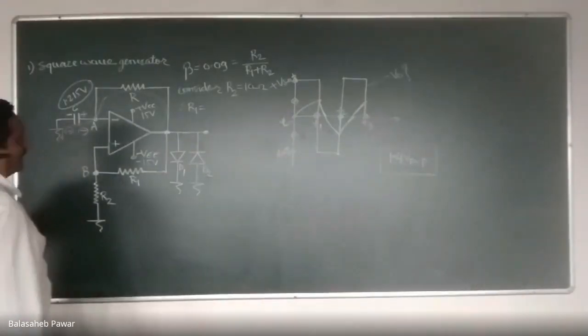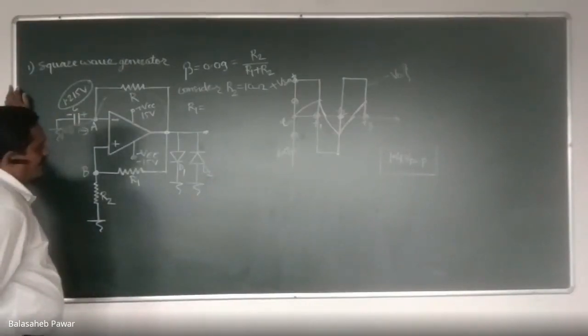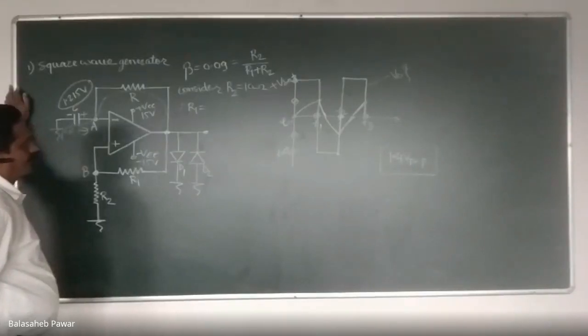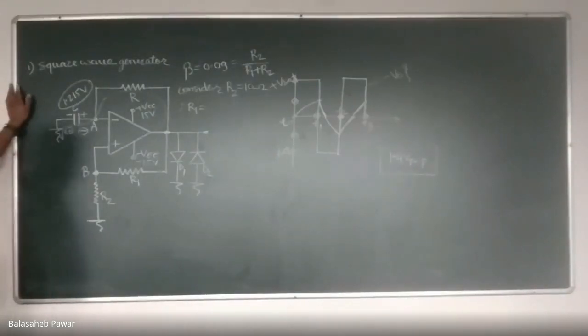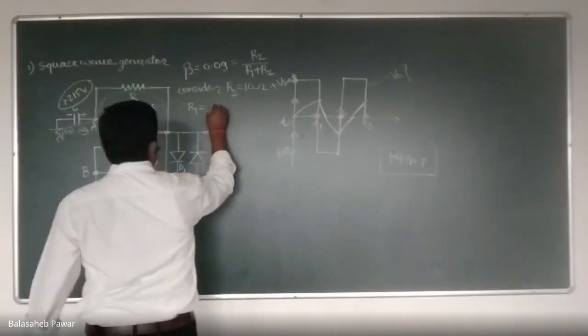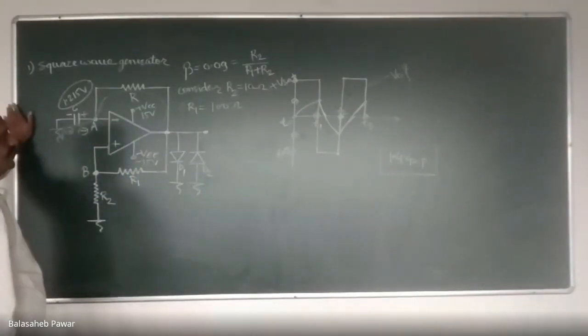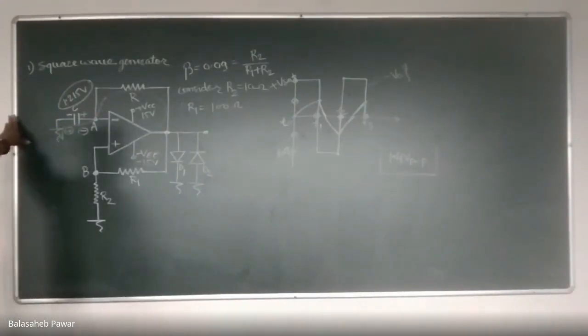How much is the value of R1? It's like 101.1. Okay, it is of 100 ohm. Select R1 equals 100 ohm. Already we considered R2 as 10 ohm. Therefore, we will get the feedback factor beta as 0.09. Agree?